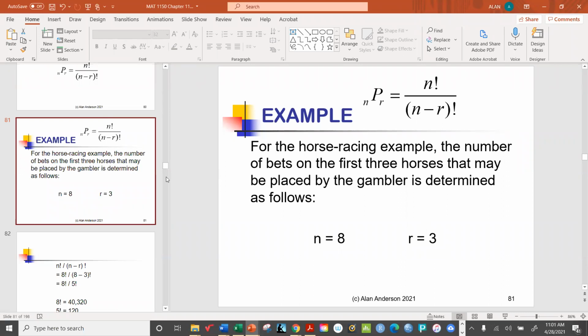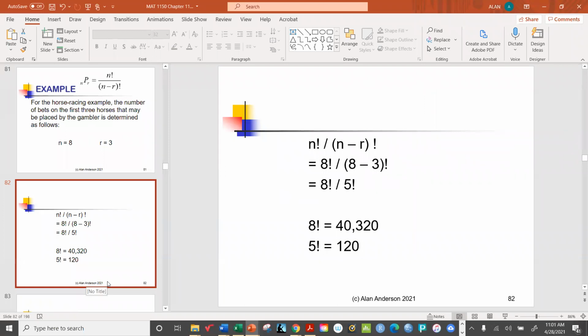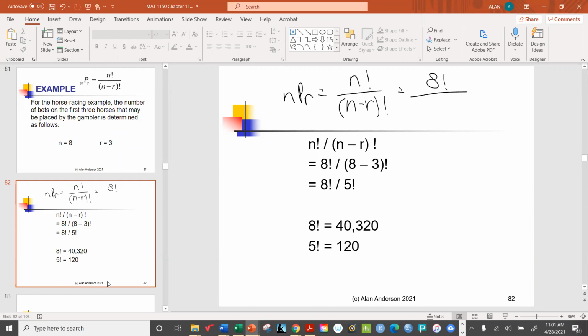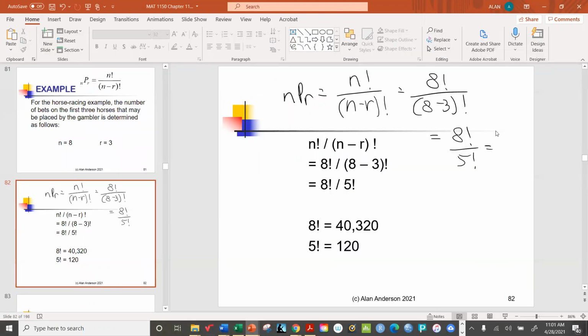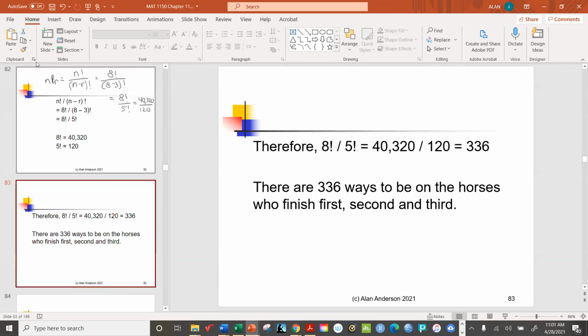All right, so when you plug in the numbers directly, you'll see that you have 8 over 8 minus 3. And so you can either calculate it directly, and you'll get 40,320 over 120, which turned out to be 336.